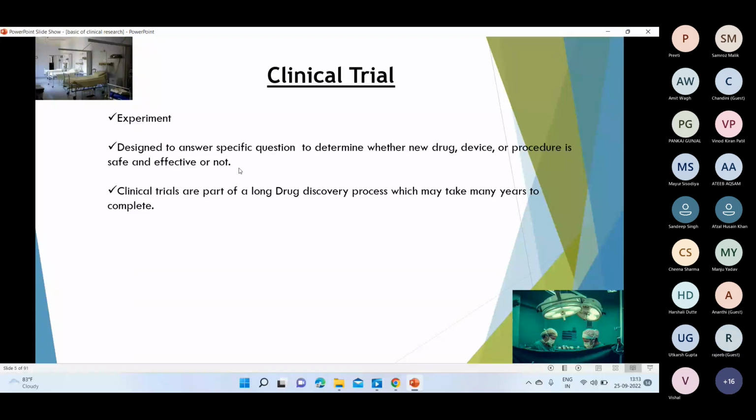The experiment of a drug or a medical device does not start from human beings. Before starting any clinical trial, we need to generate some data to determine that the drug is really effective and it's really safe.